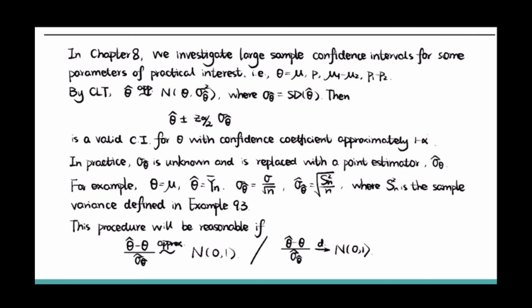The confidence intervals become possible because of the assumption that estimators converge to their true parameter values. So when you take a look at the common parameters, we have common estimators that converge to them.